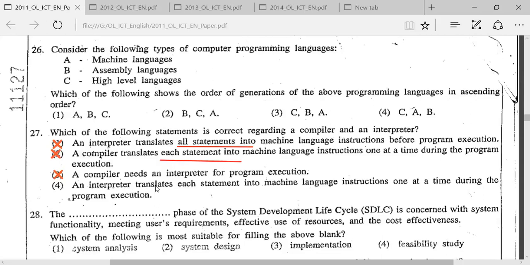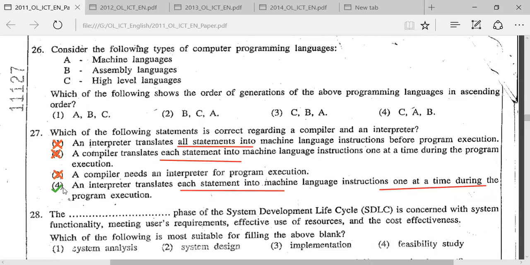An interpreter translates each statement into machine language instructions one at a time during the program execution. One at a time, that is the correct statement. Only one line at a time. So for question number 27, the answer is the fourth answer option.